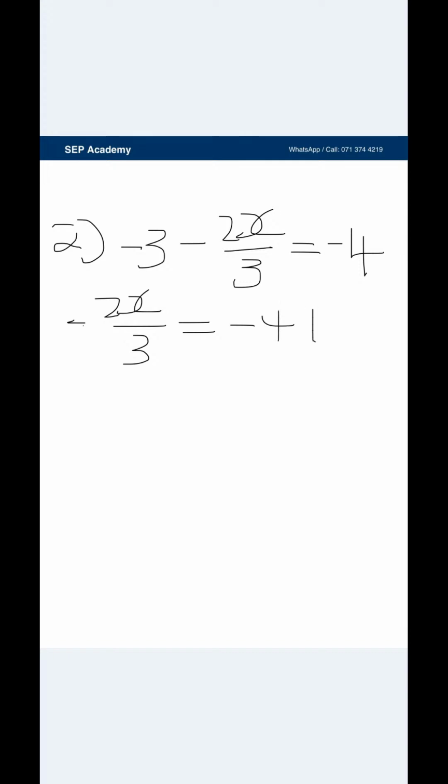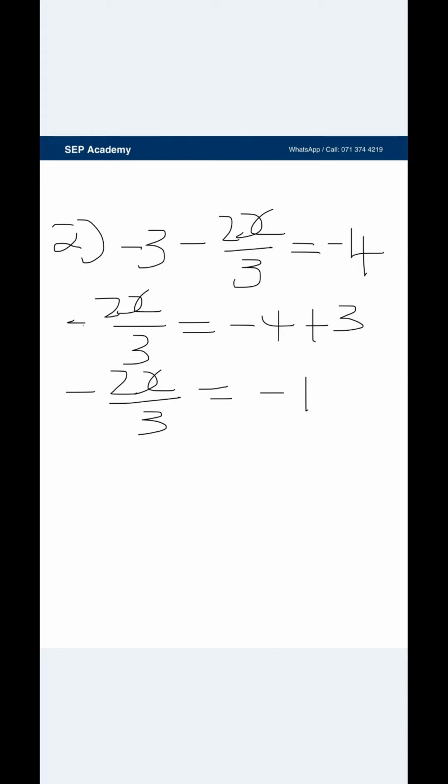That 3 will come to the right hand side, it changes the sign, it becomes positive 3. You still have your negative 2x over 3 being equal to that plus that, it will definitely be negative 1. Remember, it's always best to punch it on a calculator in case you are not sure.